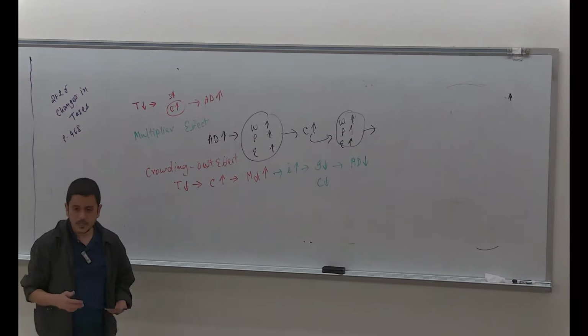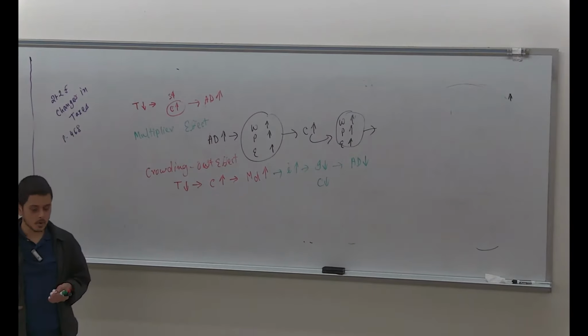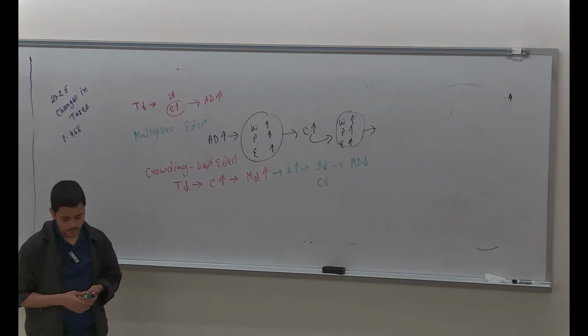Now you see that the monetary policy and the fiscal policy both have an effect. Sometimes the government and the central bank need to use a policy so that there is stability in the economy.